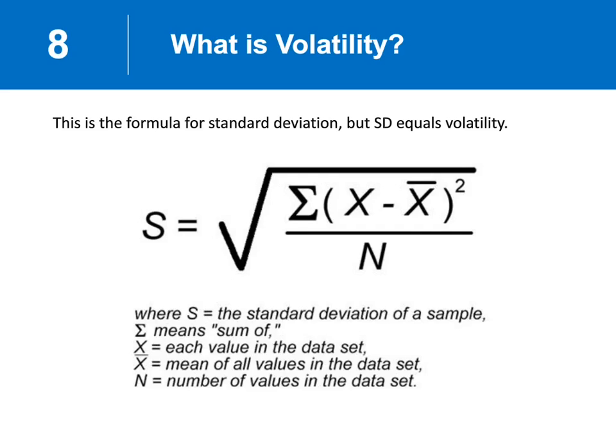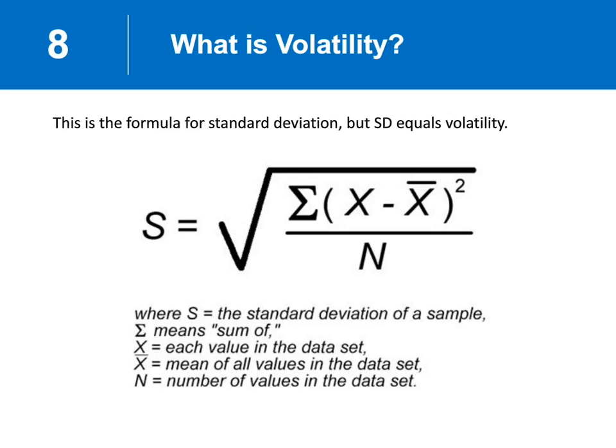We start with the sum of, and then the X is each value in the data set. Now, where do we get those values? That's right, we get them from the actual stock price. Then the next value, still on the top line, the sum of the stock's prices minus the X with a line over the top, which is the mean, and we square all that.